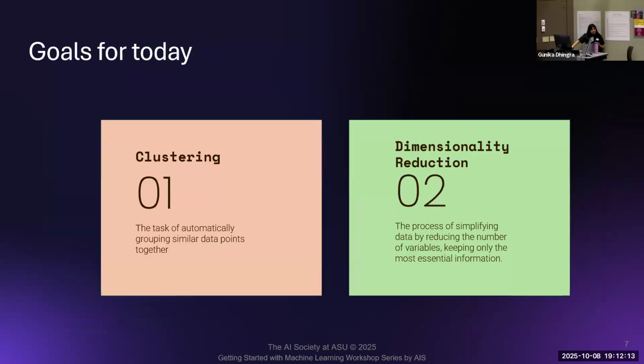So the goals for today, as I said, we're going to be discussing two main unsupervised learning algorithms. One is clustering. The name itself is self-explanatory. What we do here is automatically group together similar data points. The second goal is dimensionality reduction and its subsets. What is dimensionality reduction? It is a simple process of reducing the number of variables.